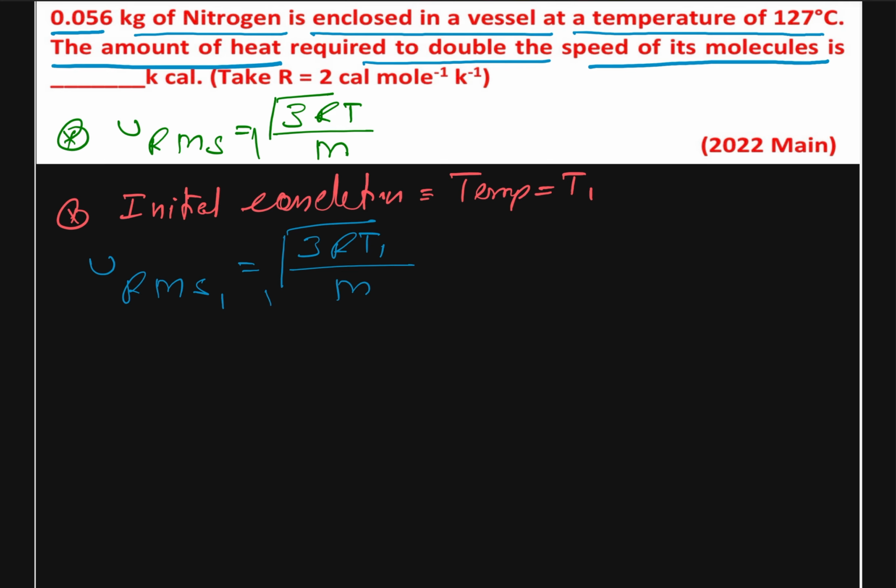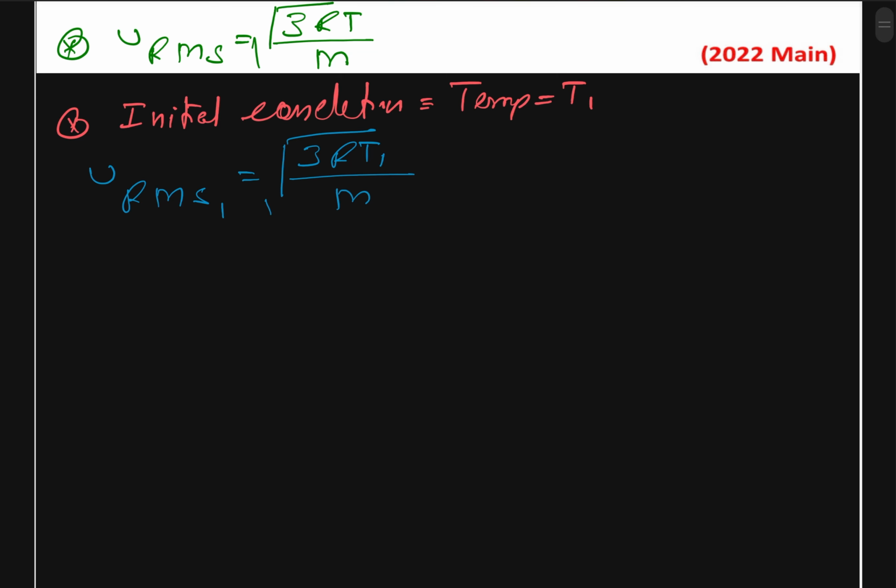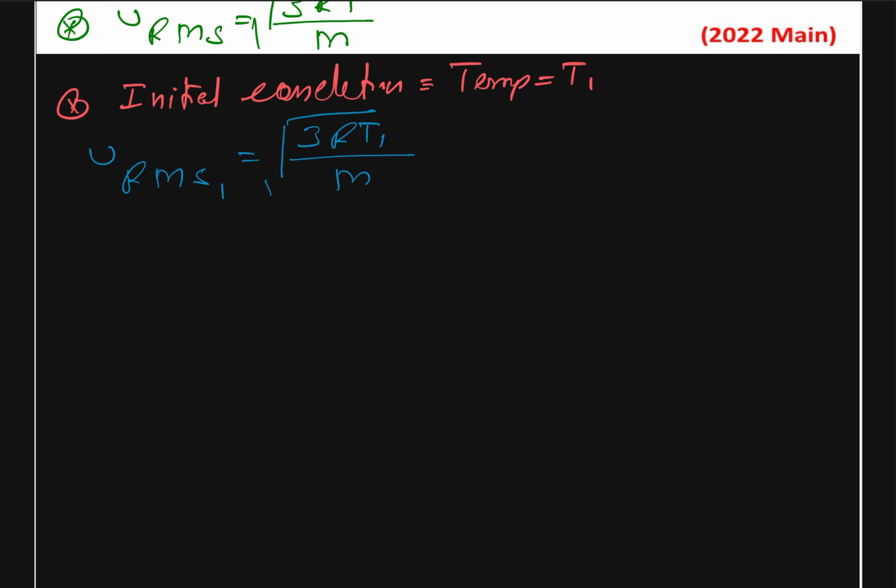And for our final condition, we are given, let us suppose that VRMS 2 is the final condition, and this will be equal to twice our initial condition, that is VRMS 1.